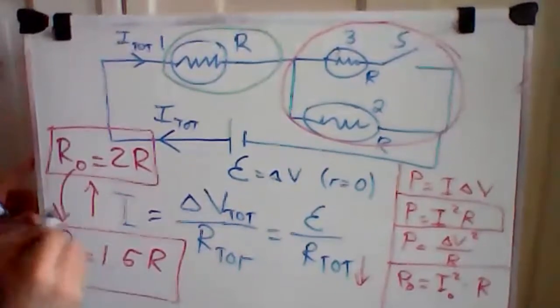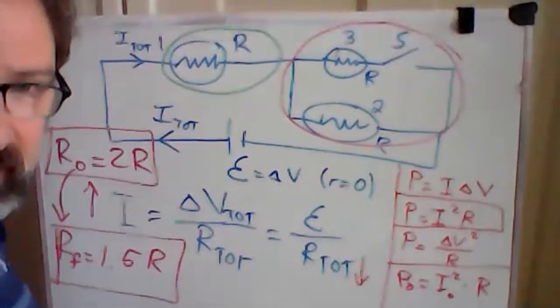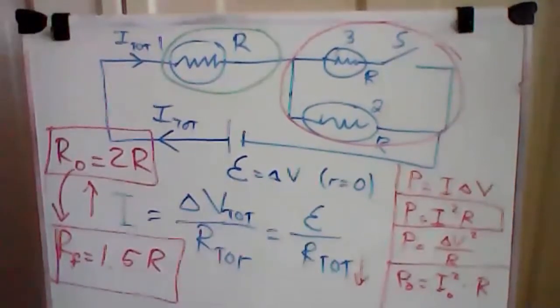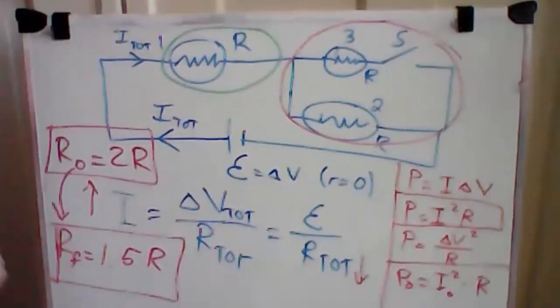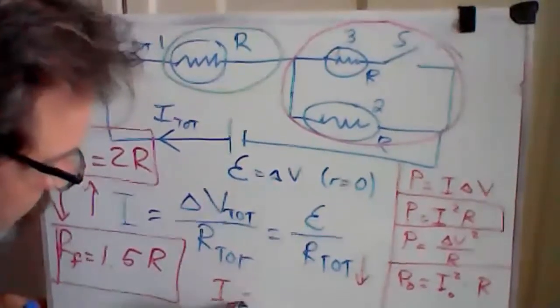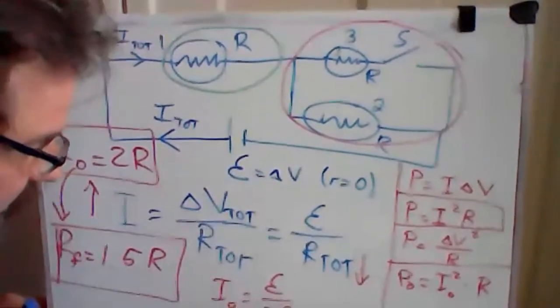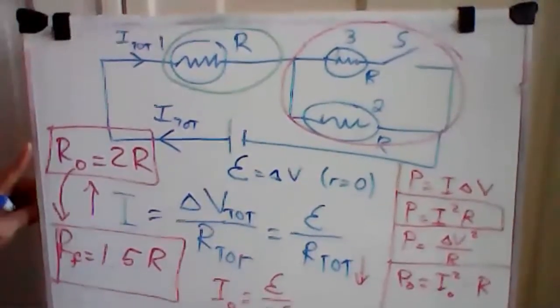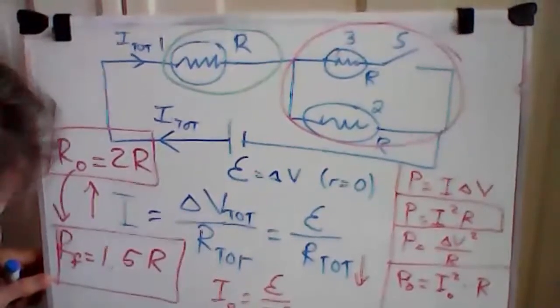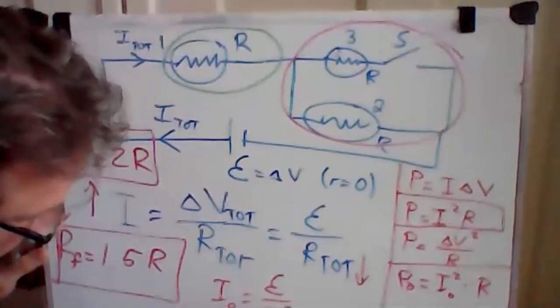The overall resistance has dropped from 2R to 1.5R. So therefore, the current has increased. And specifically, current initially had been epsilon divided by 2R, right? And then our final current is equal to epsilon divided by 1.5R.